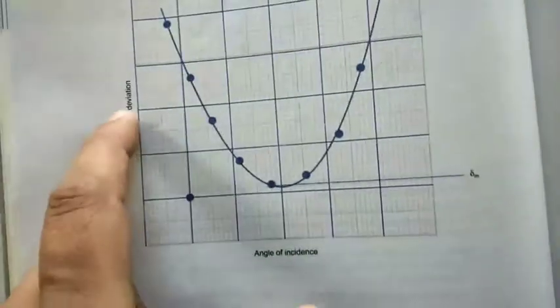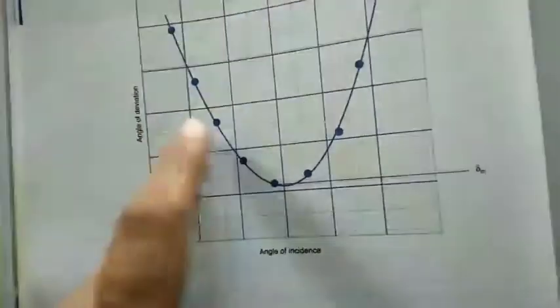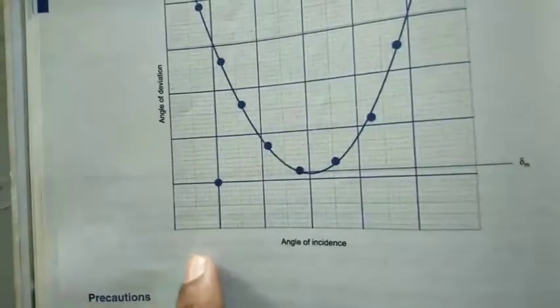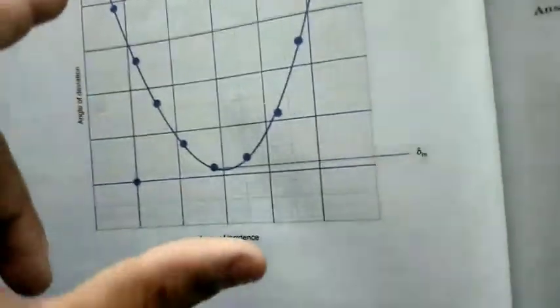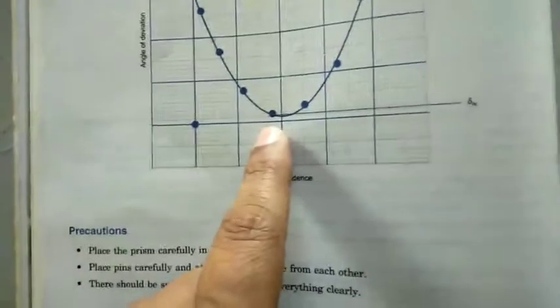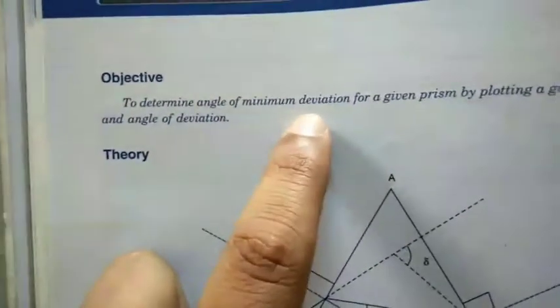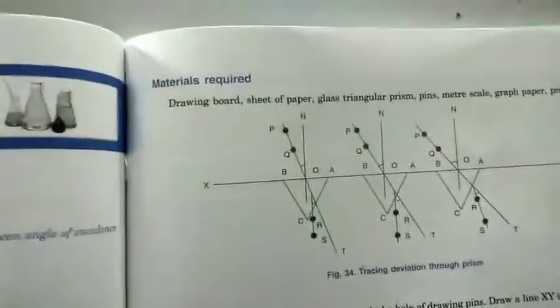This is the angle of deviation and this is the angle of incidence. When the angle of incidence increases, the angle of deviation first decreases up to a certain limit and then increases again. This minimum angle is called the minimum angle of deviation, and the aim of the experiment is to determine it.